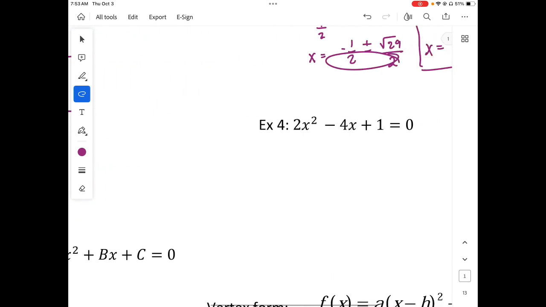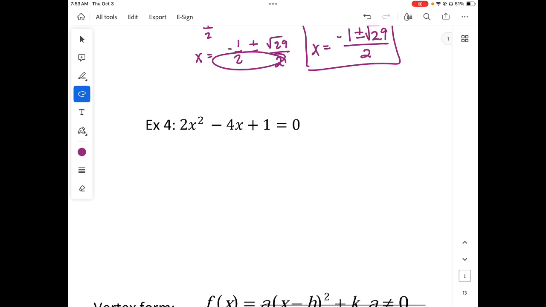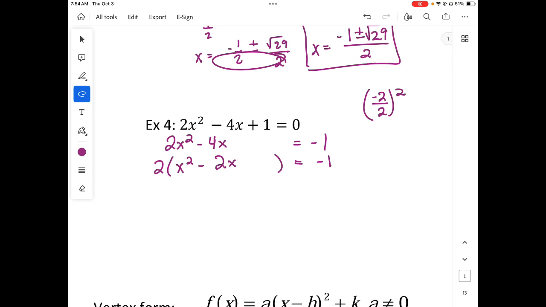Okay, let's go to the last, completing the square. All right, so I'm going to move over that 1. I am going to factor out the 2. So I want to do the b over 2 squared.